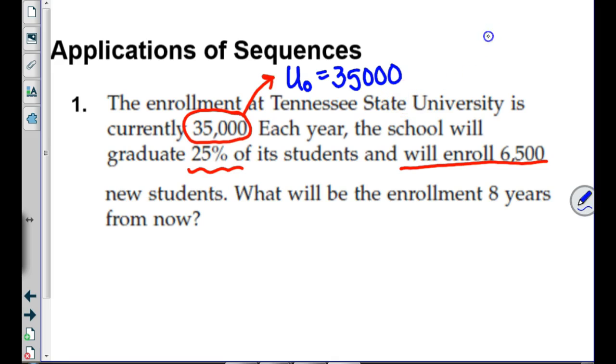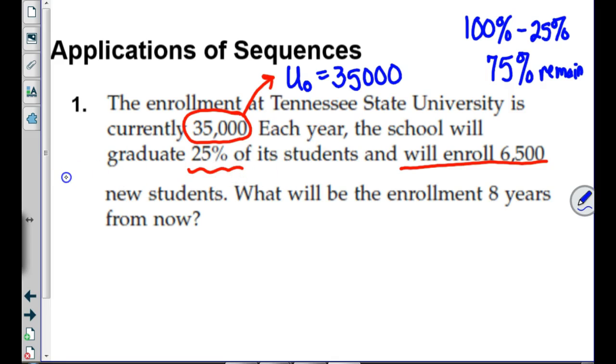Okay, so 100% minus 25%. The fastest way would be to say 75% remain. So we could multiply by 0.75, okay?